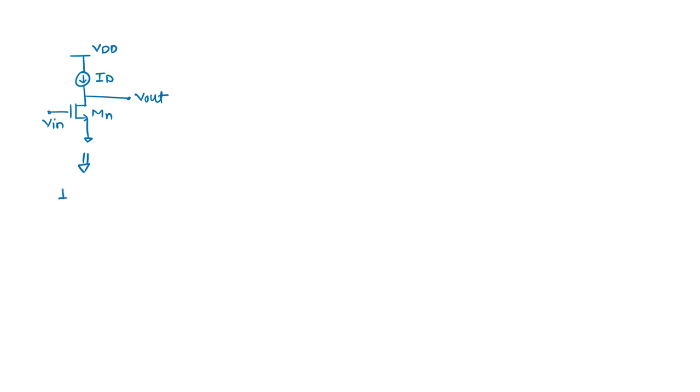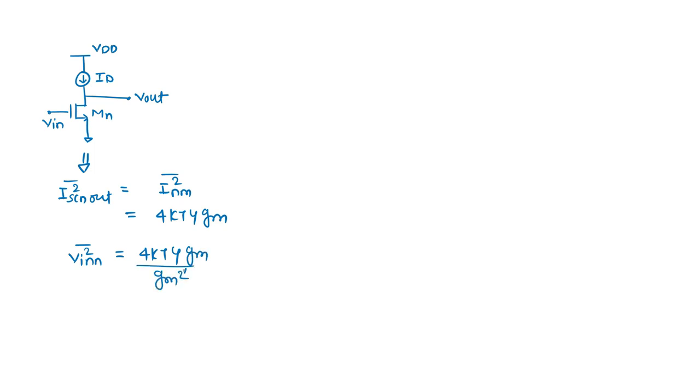The noise at the output, I am directly writing it: the output noise current is simply the noise current of your amplifier, which is nothing but 4kTγgm. And the input referred version of this noise voltage is 4kTγgm by gm squared, which is simply 4kTγ by gm.